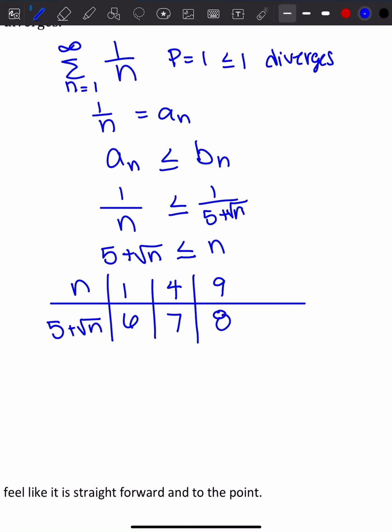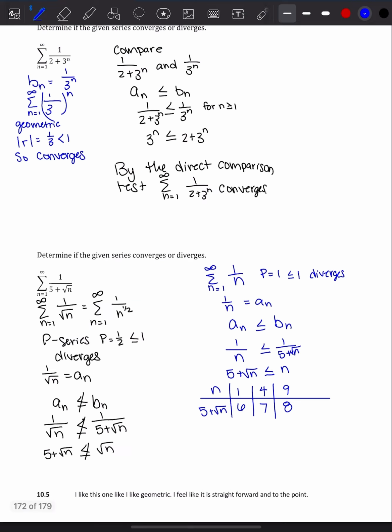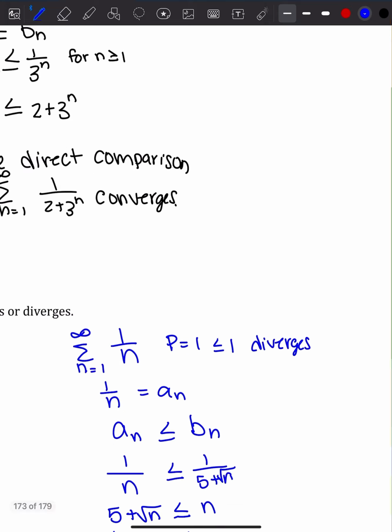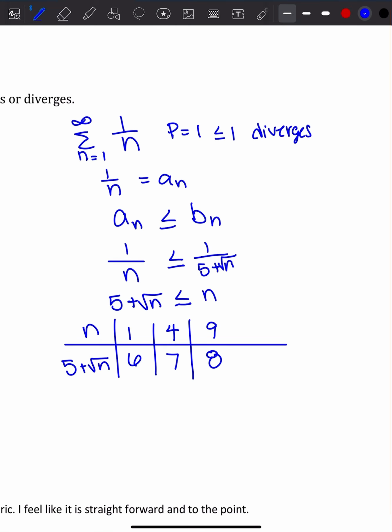So we are finally at a point where that n value is actually bigger than 5 plus the square root of n. And if we do some work here, we could move the 5 over and square both sides to get rid of the square root, and then try to factor it the best I can.